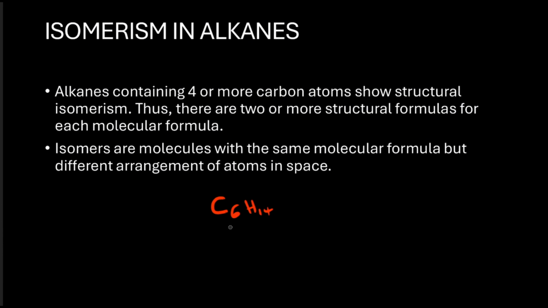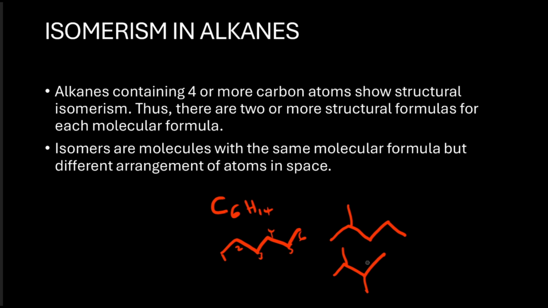So for an alkane with 6 carbon atoms, we can have this as the first structural formula. So let's say we have 1, 2, 3, 4, 5, 6 carbon atoms here. We can also have this as another structural formula. We can also have this as another structural formula.